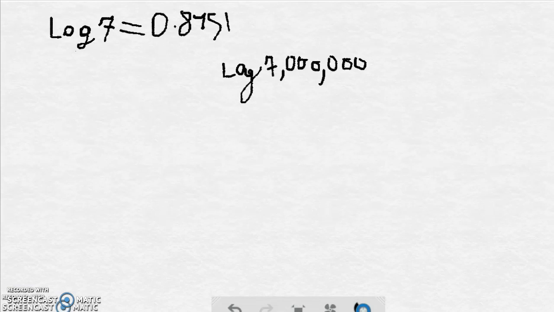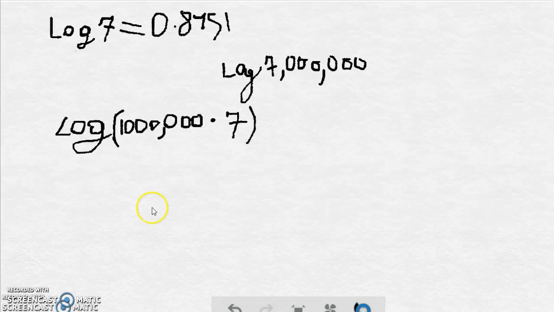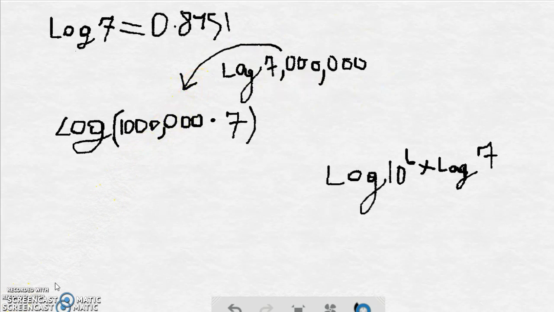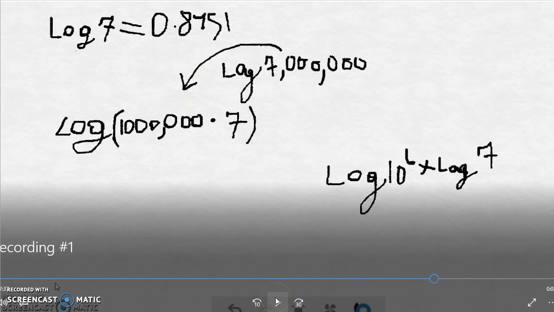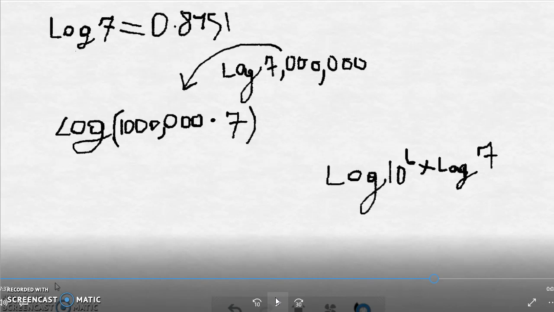So we're going to be dividing. So we're going to turn this into that. And this is going to help us solve it. Just like in scientific notation, the zeros are going to turn into the exponent of 10 over 10. And that is going to be added because of multiplication to log 7.